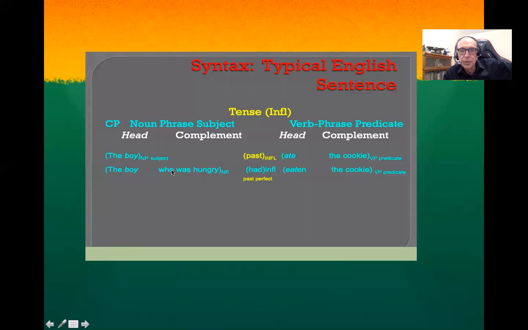In other words, it's a chunk of something, who was hungry, a clause, that merges with boy, that organizes with boy. The predicate is eaten the cookie, right?